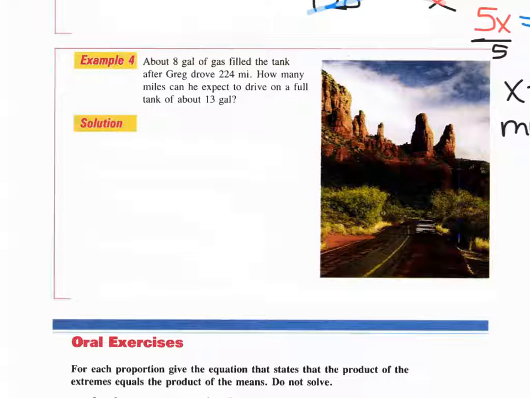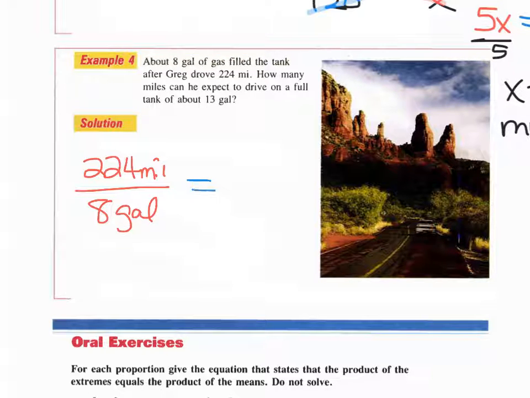Now, they set it up with the miles on top, so then you could figure out like miles per gallon. So we could go ahead and set this up. 224 miles. You could put the 8 on top, just stay consistent in your second ratio. Over here, 8 gallons of gas.